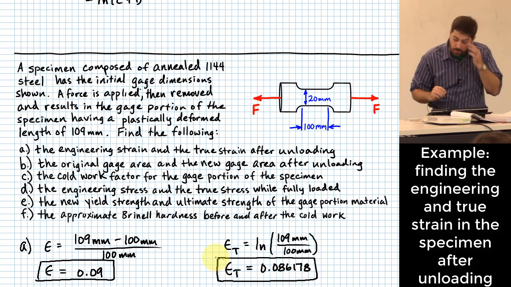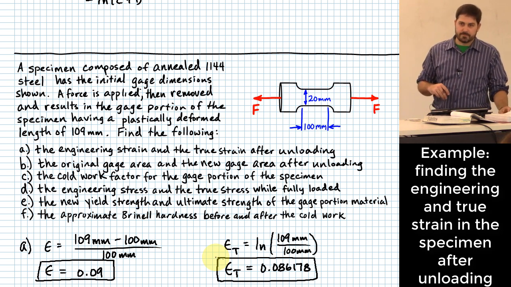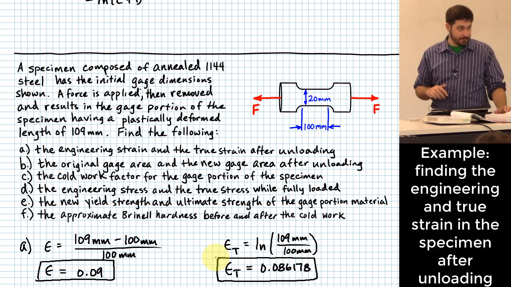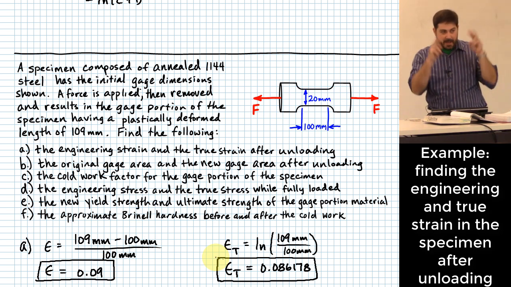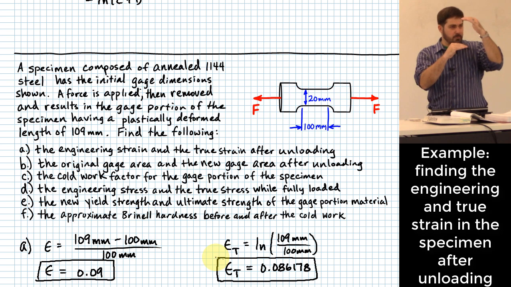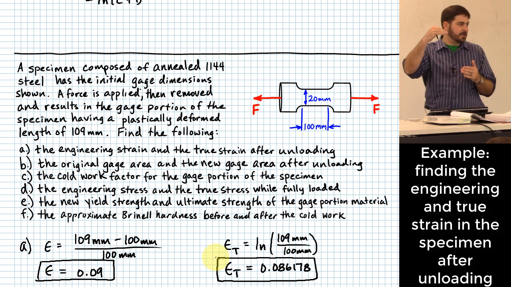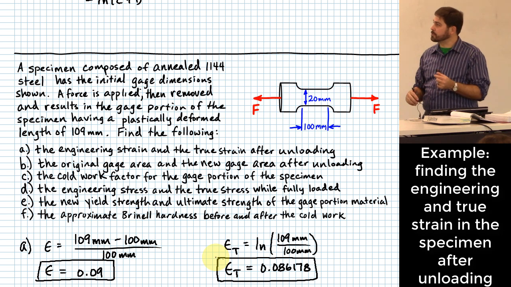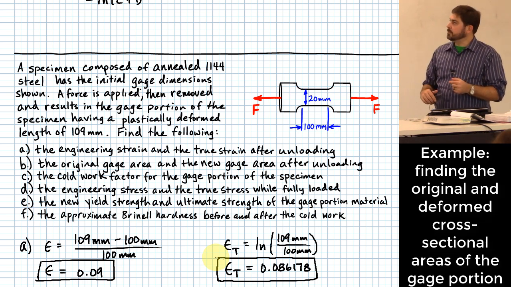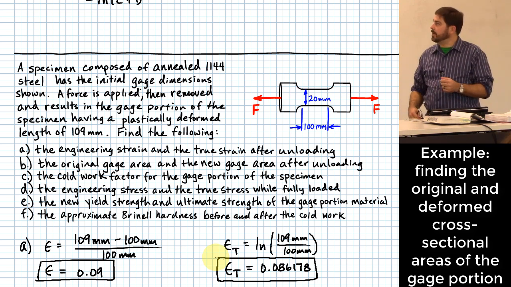Are we saying there's more true strain or less true strain than engineering strain? Less. Is that what we expected? It is, right? Because what we're doing is updating in live time what that original length is for each little increment of more deformation that happens, which means we're constantly increasing the size of the denominator, which means you're going to end up with less strain than we would have predicted for true strain. Okay, good so far?